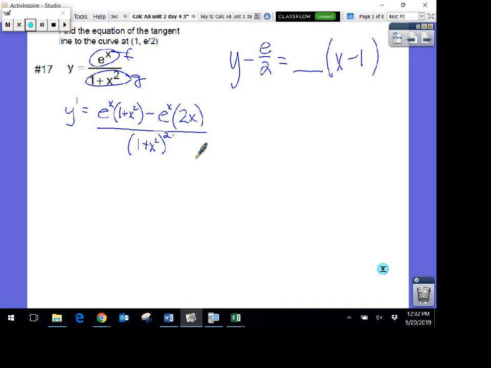There's your derivative. We want the slope of the tangent line at 1, e over 2. So e over 2 doesn't matter, that matters for our equation over there. We want to know what this is at 1. So we would need to find y prime at 1. So we just plug in a 1 for all the x's. E to the 1, 1 plus 1 squared, minus e to the 1, 2 times 1, over 1 plus 1 squared, squared.